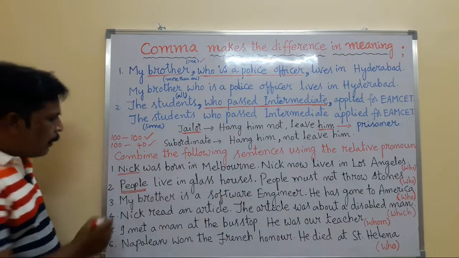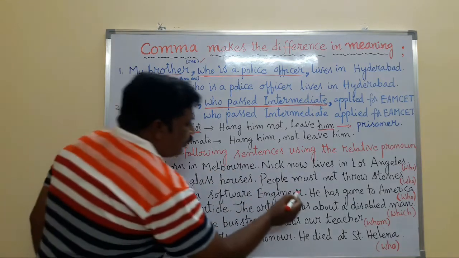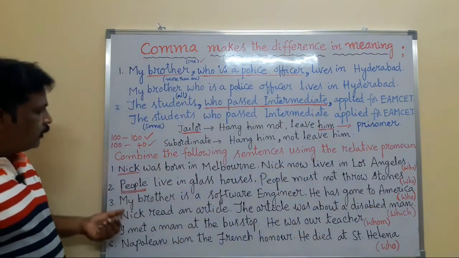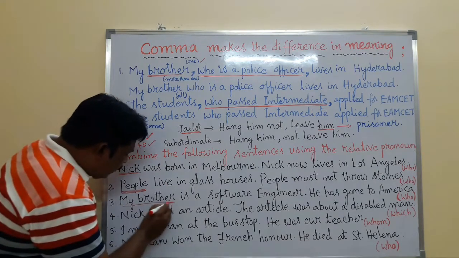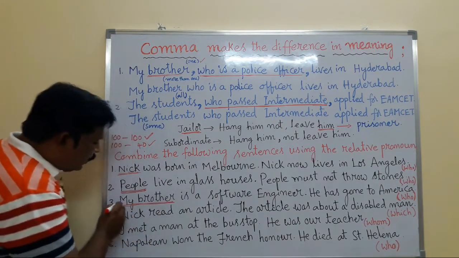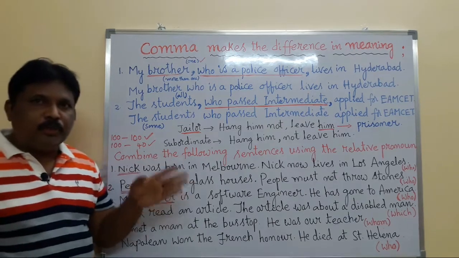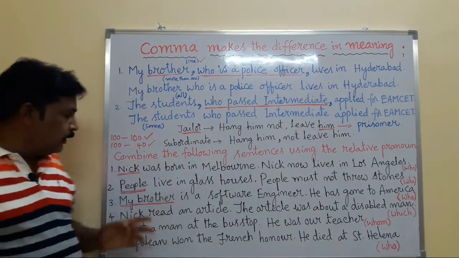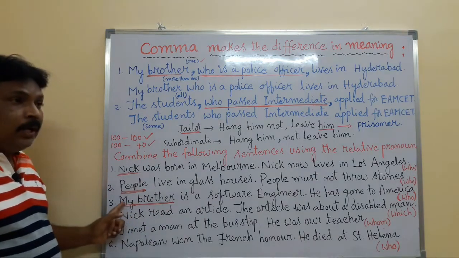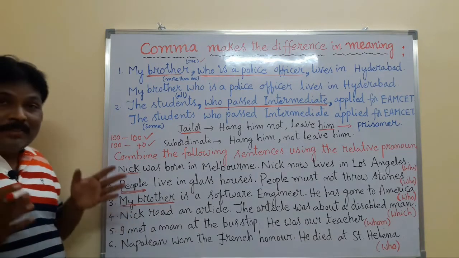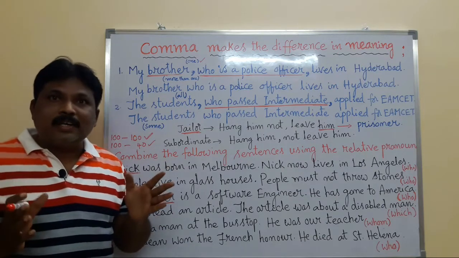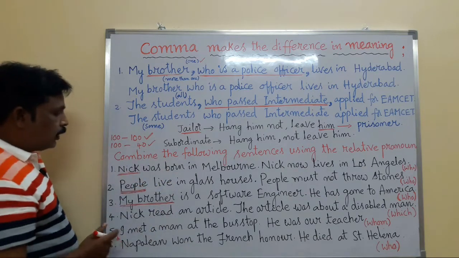Look at the third one. My brother is a software engineer. He has gone to America. My brother, so this is a noun antecedent. In the second video on non-defining clauses, I have explained very clearly that whenever there is a possessive adjective, that is an indicator, that is a clue to write the sentences in a non-defining relative clause.